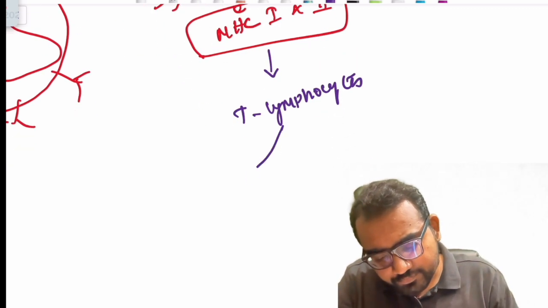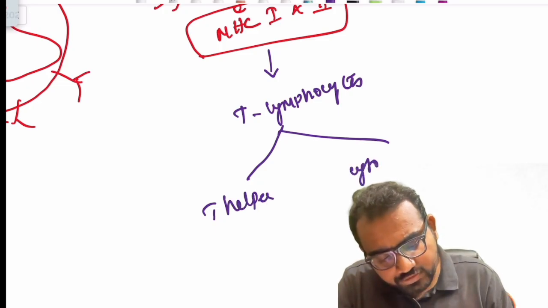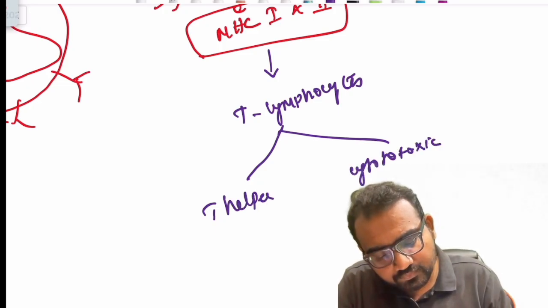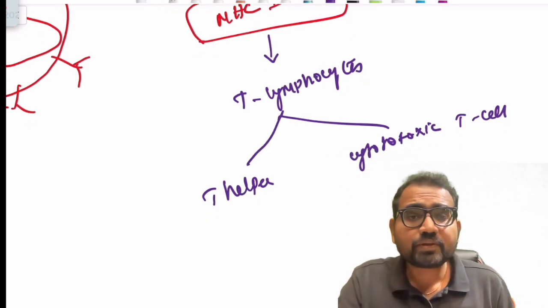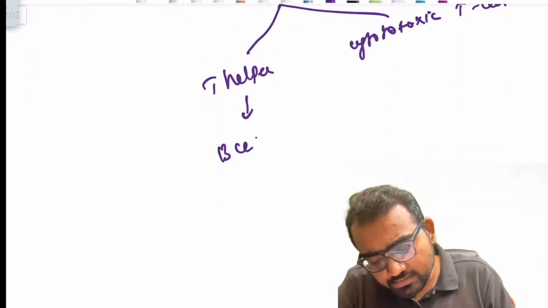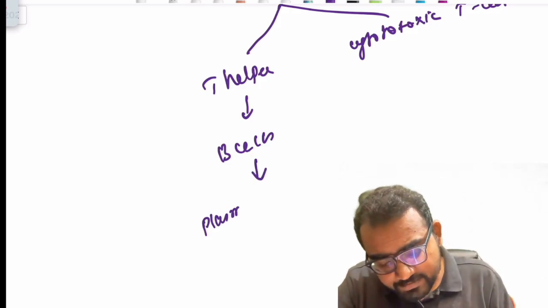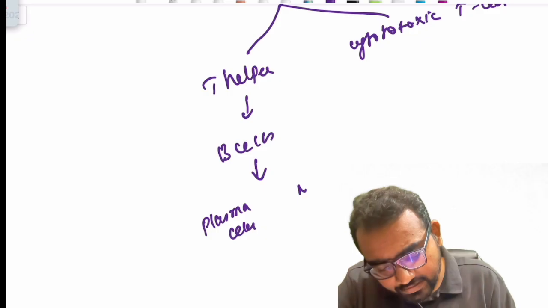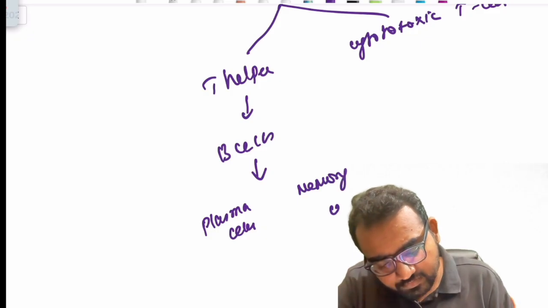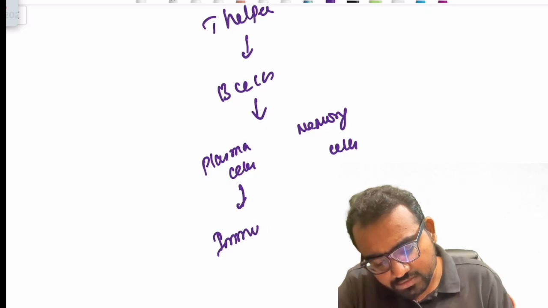We have two types, we all know that: T helper and cytotoxic T cells. The T helper cells are going to stimulate B cells. And what are the B cells going to do? They are going to release plasma cells and memory cells. These plasma cells are nothing but immunoglobulins.